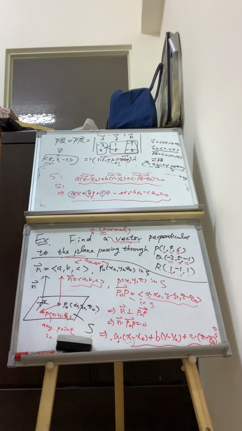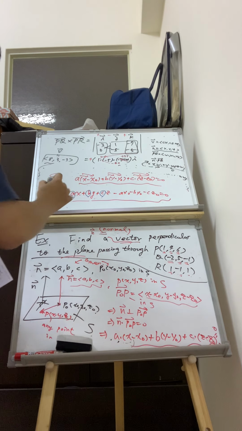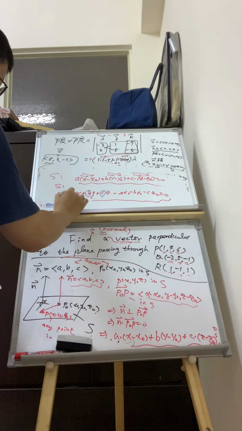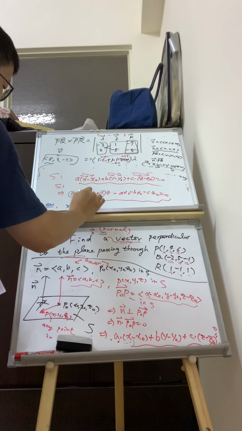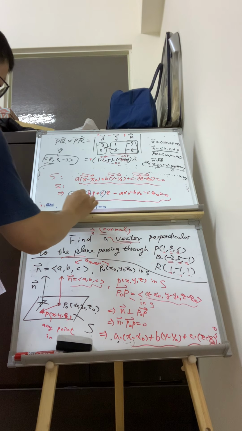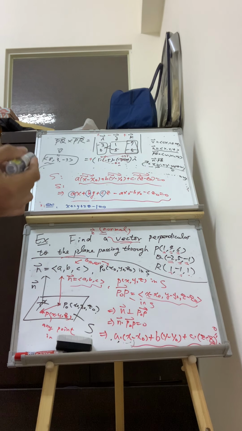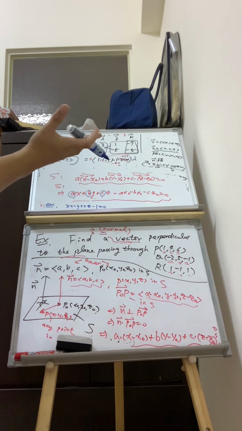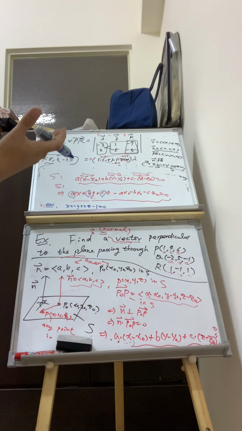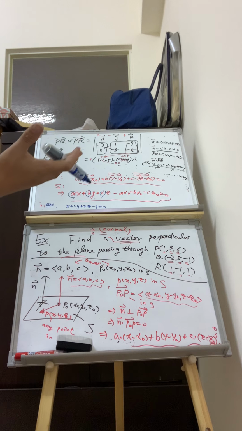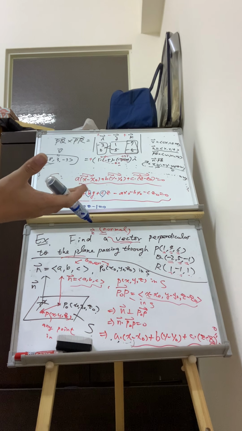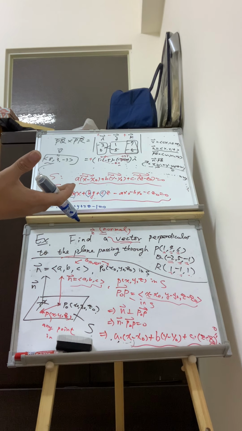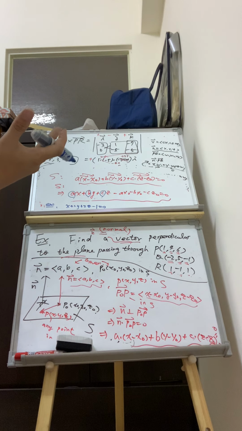And the coefficients of X, Y, Z, namely A, B, C, are exactly the normal vector. In other words, if I give you a plane, for example X plus 2Y plus 3Z minus 1 equals 0, then we could figure out the normal vector for this plane.